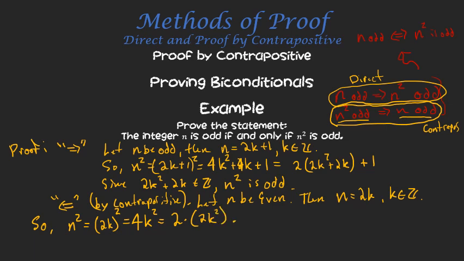Now we've written it as twice an integer. I'll just say that in words. Since 2k squared is an integer, n squared, which is 2 times 2k squared, is even. And so I showed that if n is not odd, then n squared is not odd. That takes care of the backwards direction, proved by contrapositive.